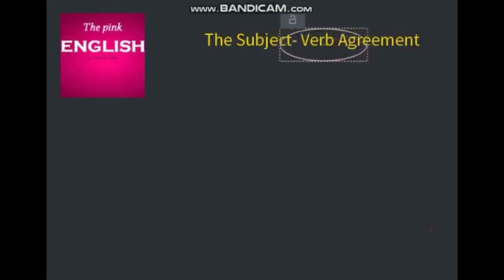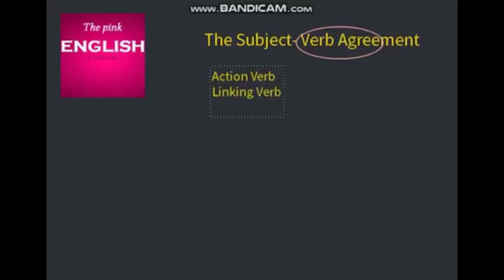The verb, like any other parts of speech, has many different types. We have the action verb, the linking verb, the be verb, and the helping verb. So how do we know if a verb is singular or plural? Let me use here the action verb to show you.